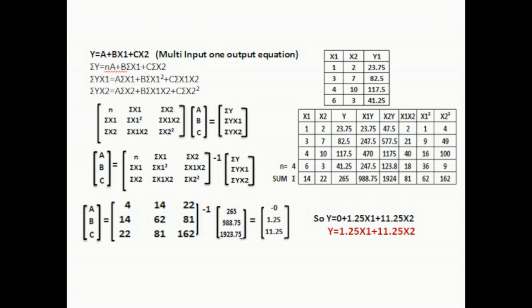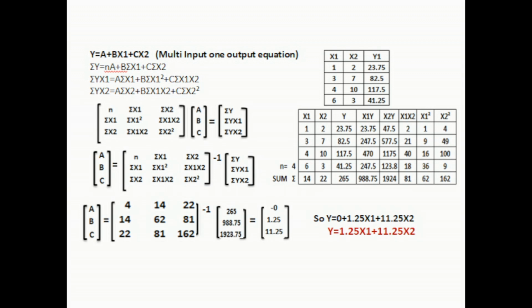The equations which we had seen here are formed in matrix form. The matrix with n, sigma x1, sigma x2; sigma x1, sigma x1 square, sigma x1 x2; sigma x2, sigma x1 x2, sigma x2 square, multiplied by another matrix a, b, c, gives the output matrix sigma y, sigma y x1, sigma y x2.